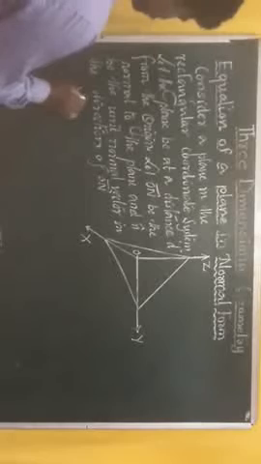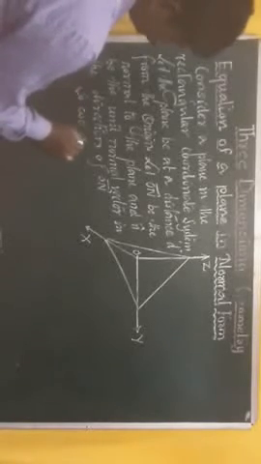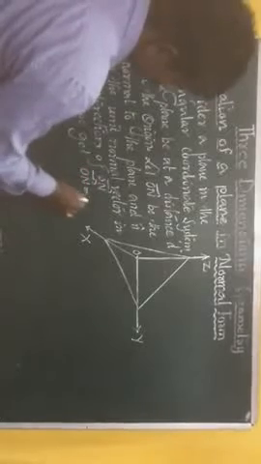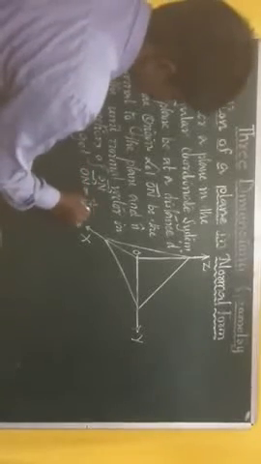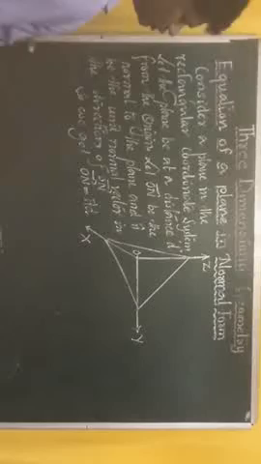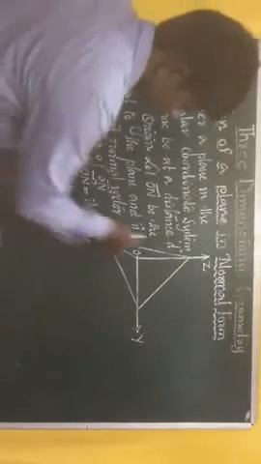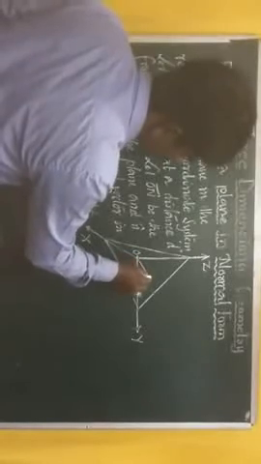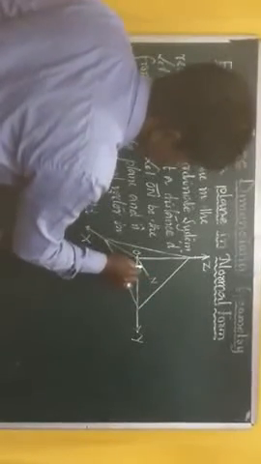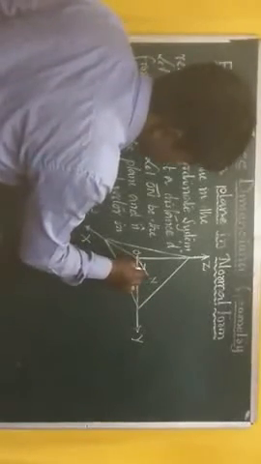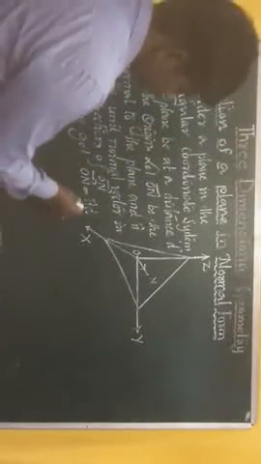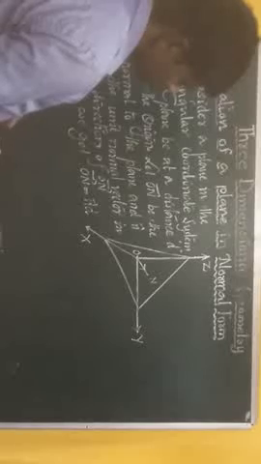So we get vector ON is equal to n cap into d, because the length of ON is d and n cap is the unit vector along that.